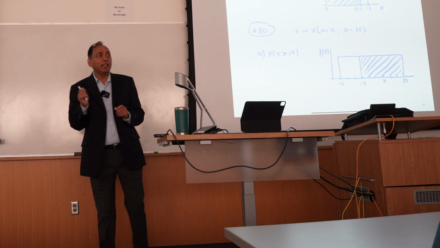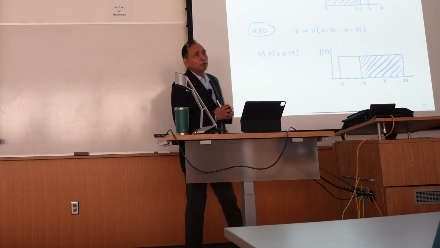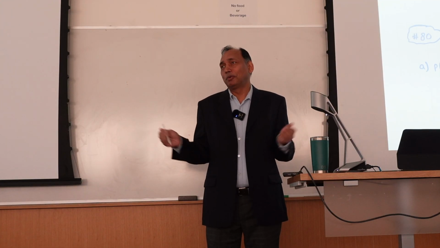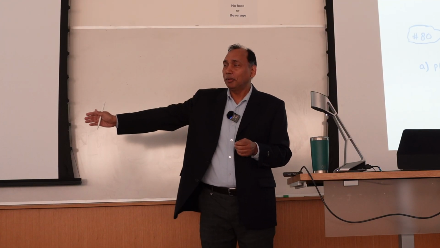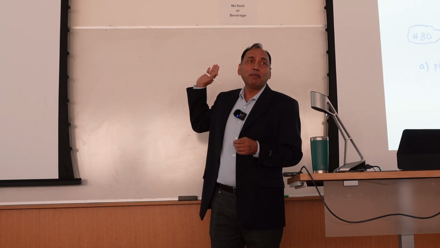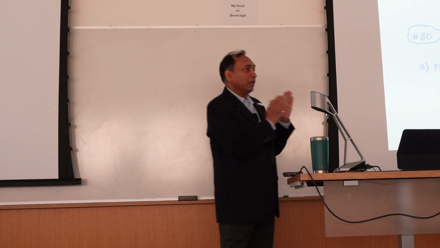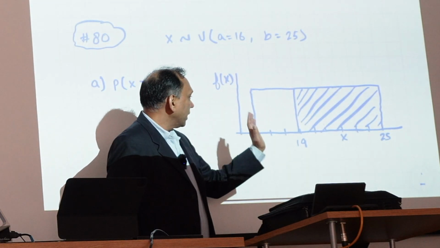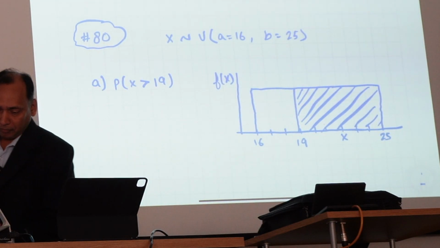So how much is that value? Yeah, 0. So anything below 16 is 0. Anything above 25 is 0. Everything is in between. Less than 16 and more than 25 is going to be 0.